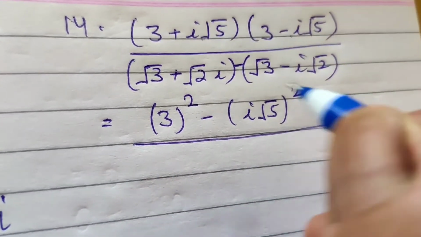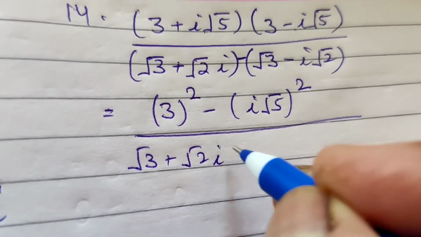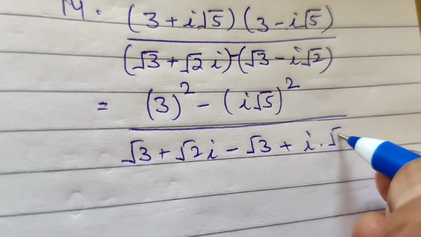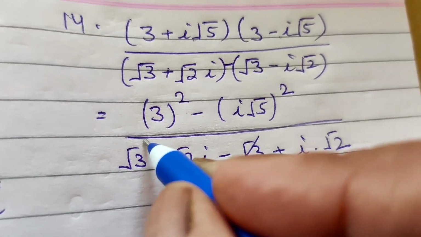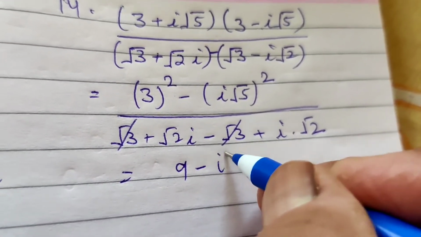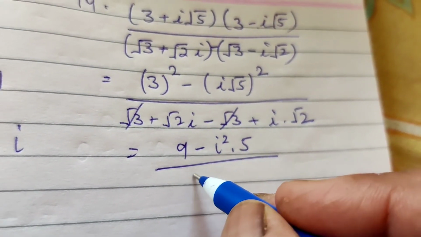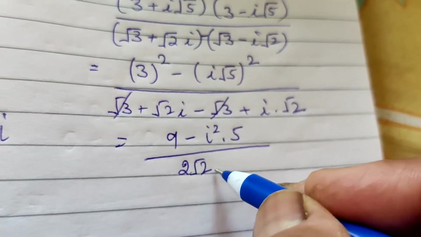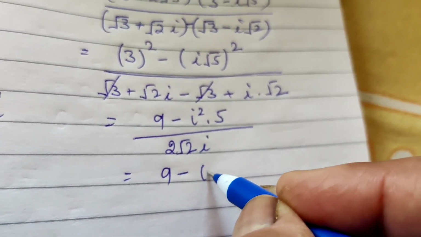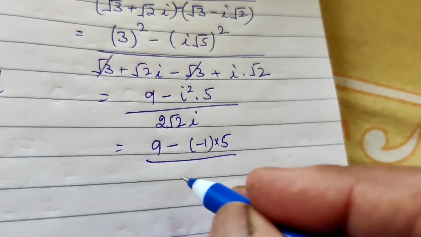And in the denominator, root 3 plus root 2i minus root 3 plus i root 2. Root 3 cancels. 9 minus i square into 5, and the denominator 2 root 2 i. It is equal to 9 minus, i square equal to minus 1, into 5, and 2 root 2 i.